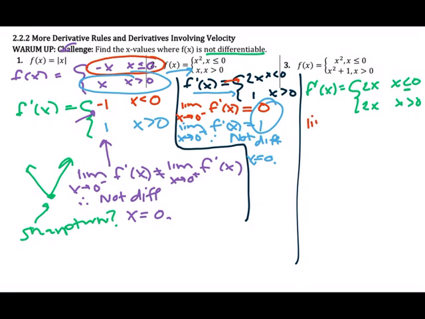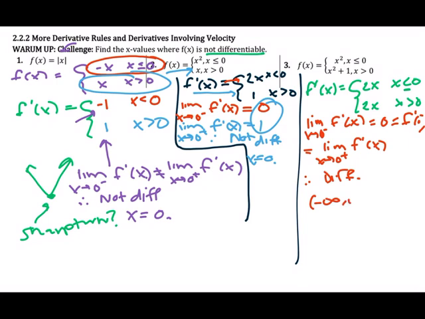But let's show that the limit as x approaches 0 from the left of f prime of x is going to equal 0, which is also what we get if we just plug in 0. And that's equal to the limit as x approaches 0 from the right of f prime of x. Therefore, this is differentiable everywhere. So negative infinity to infinity.